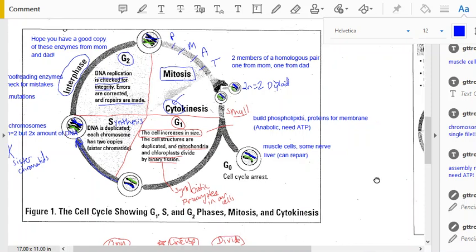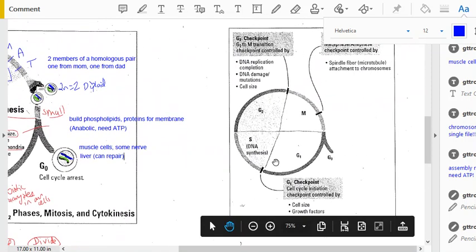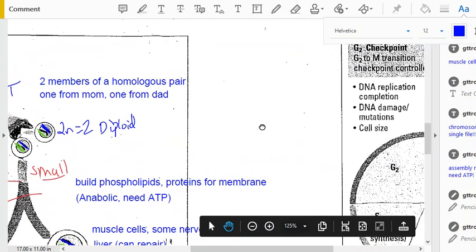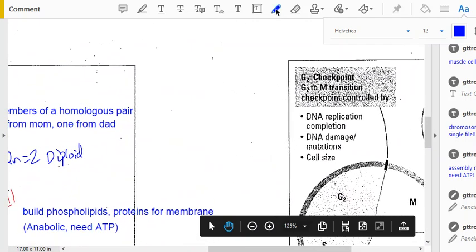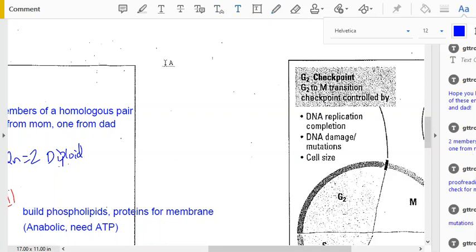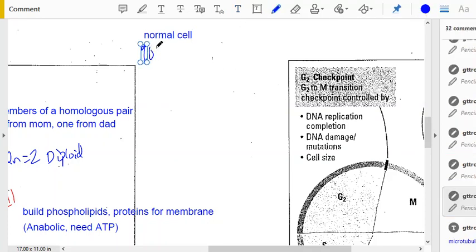So off to the right, you have one more diagram that we're going to talk about. Oh, before we do this diagram, let's talk about cancer really quick. Remember we just said interphase is where the cell spends most of its time. So in a normal cell, we can do this right in between these two diagrams. A normal cell spends about 90% of its time doing its job.